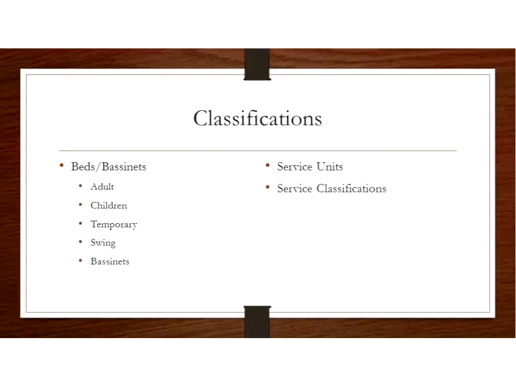You've got diagnosis classification, service classification, and surgical classifications on pages 31 and 32 of your text that you can take a look at. But again, there's no universal classification system, so it's going to depend on your facility.